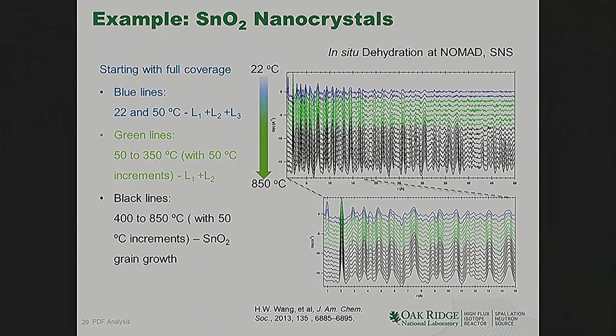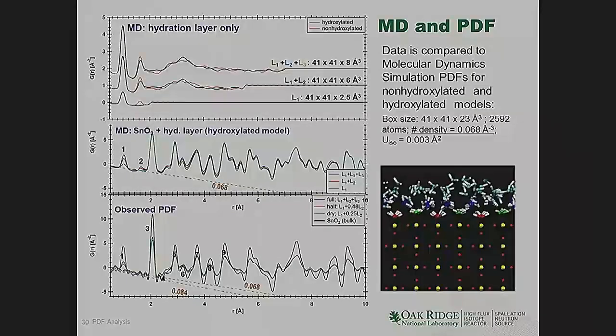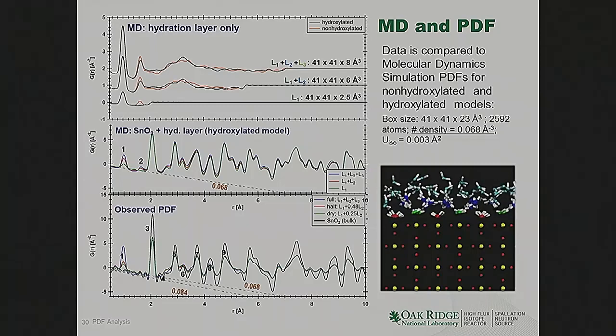And they actually went very far in their analysis and interpretation. They do a lot of molecular dynamics and other theoretical work in their group. They compared their measured data to MD simulations. So this here is water and hydroxyls jiggling around the interface of tin oxide in this case. And they compared more than two, but the highlights of two models are here.